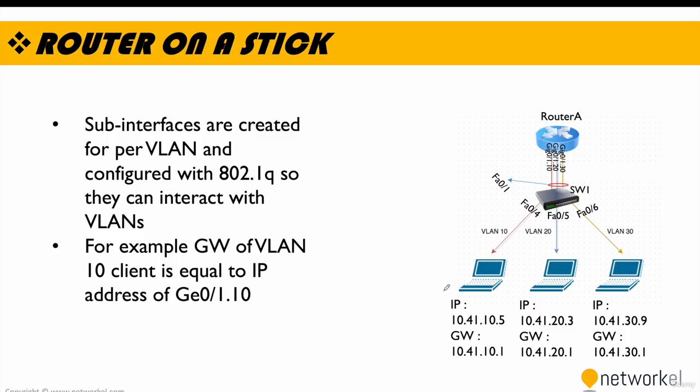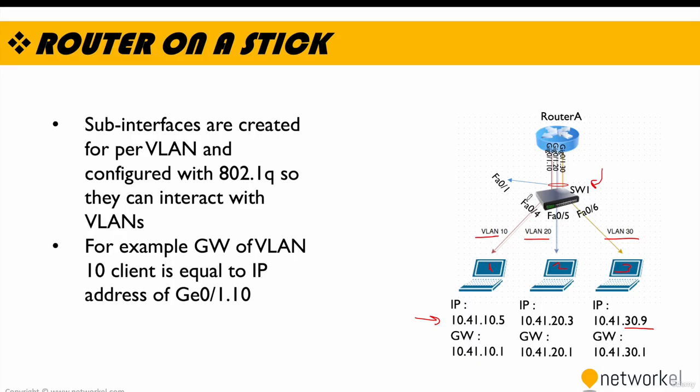Here you can see I have one switch, Switch 1, and I have PC1, which belongs to VLAN 10, PC2, which belongs to VLAN 20, and another PC, which belongs to VLAN 30. By default, if there was no Router A in this topology, as you know, different VLANs would not be able to communicate with each other.